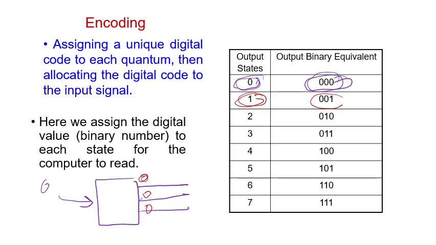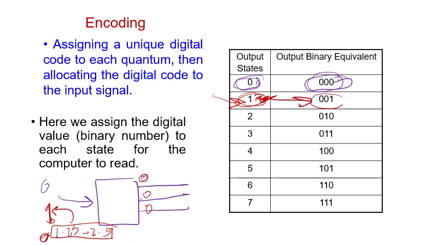If the voltage is in 1.25 to 2.5, that means we are in this first set, which means this digital value.